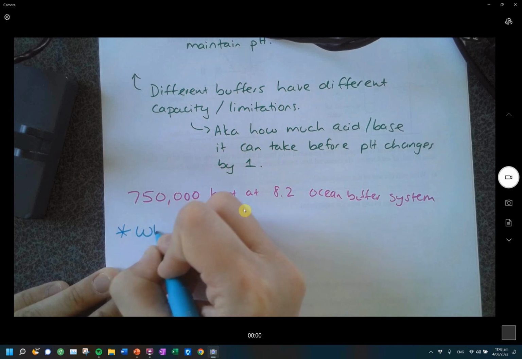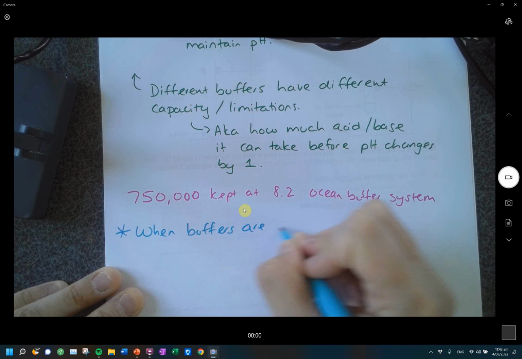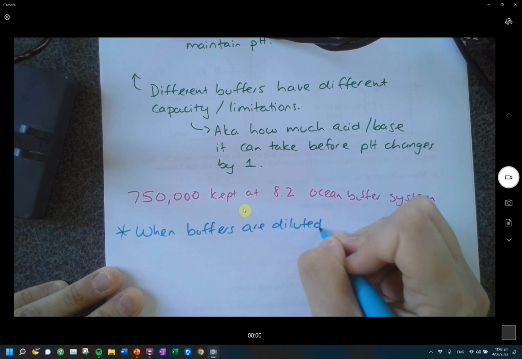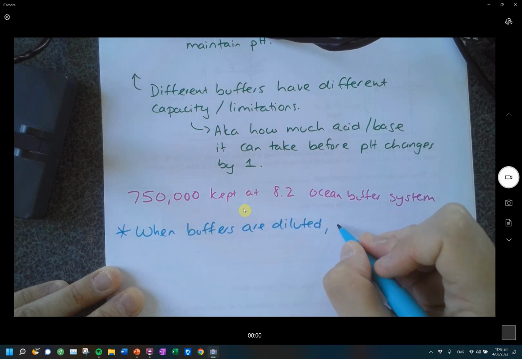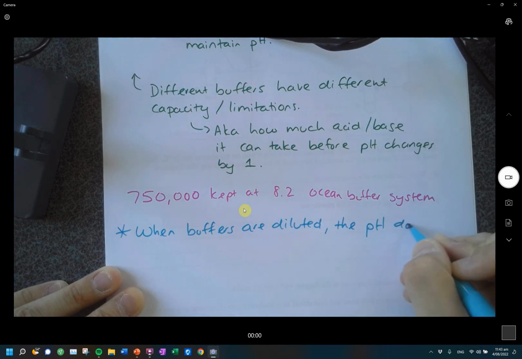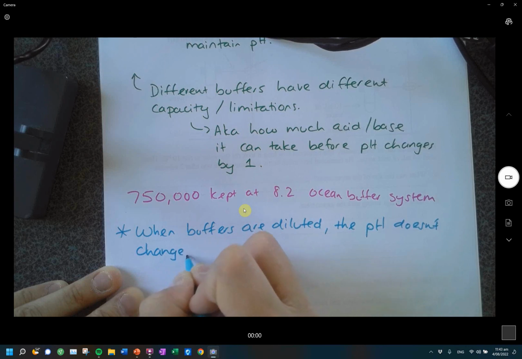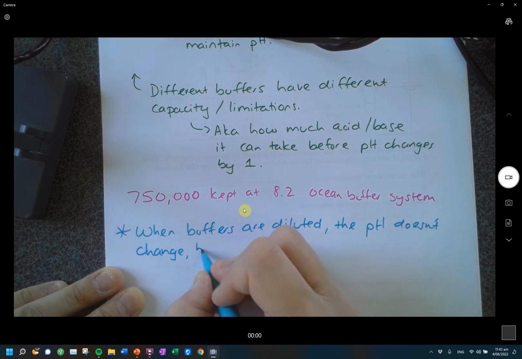So when buffers are diluted, the pH doesn't change, but the capacity is reduced.